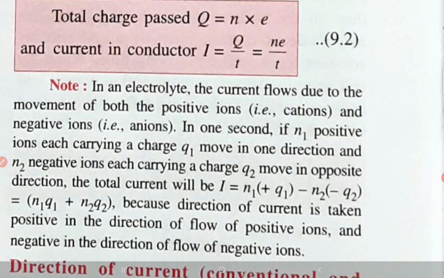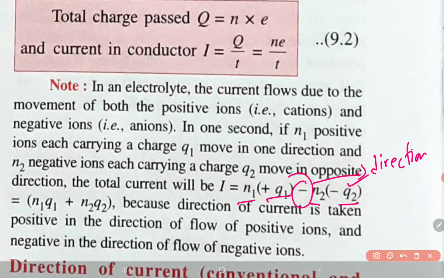The total current will be I equals n1 q1, that is the total charge for the positive ions, plus n2 times minus q2, because they are negative charges. Now why do we have a minus sign here? The minus sign is here because of the direction of flow of charge, they are opposite to each other.